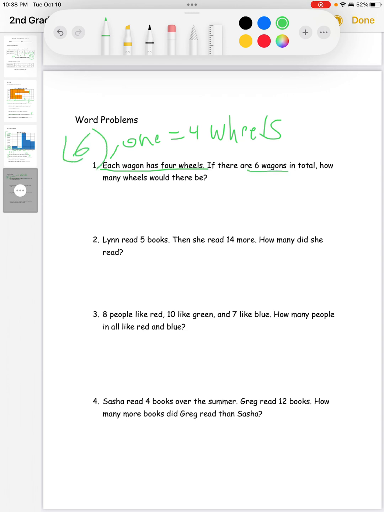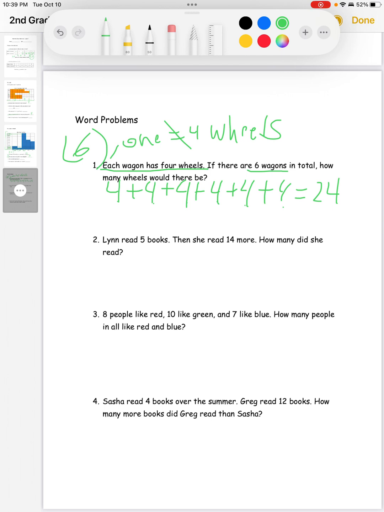So 6 wagons cannot have just 4 wheels. So we would have to do 4 plus 4 plus 4 plus 4 plus 4 plus 4 in order to get the answer. 4 plus 4 plus 4 plus 4 plus 4 plus 4 is equal to 24.